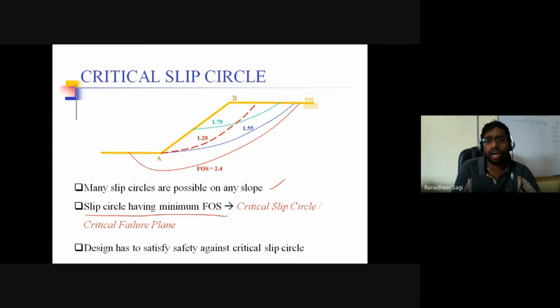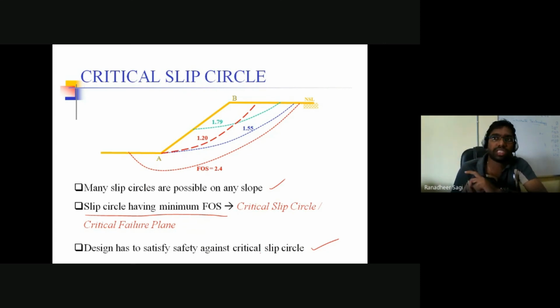Our objective is to understand which is my critical slip circle or critical failure surface. Then we are required to design the slope in a way that satisfies that the critical failure surface will not get generated. So design has to satisfy the safety against that particular critical slip surface.